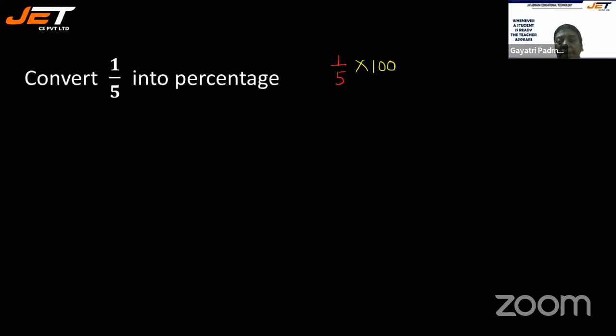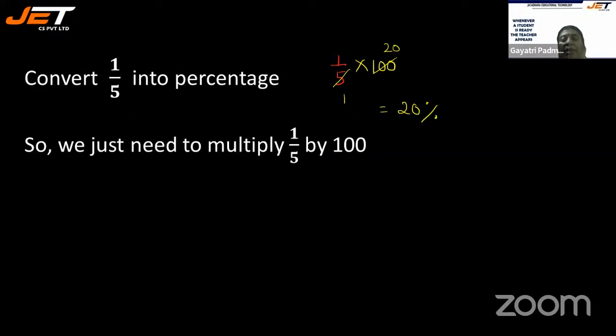So 1 by 5 into 100. 5 will go in 100 20 times. So this is nothing but 20%. We just need to multiply 1 by 5 by 100. 1 by 5 into 100 is 20%.